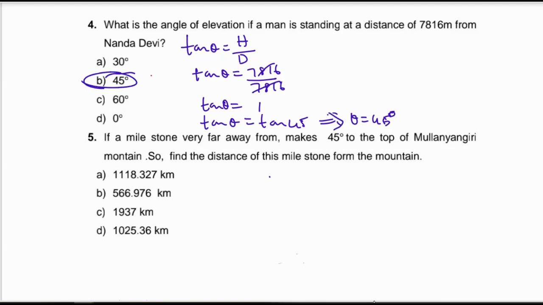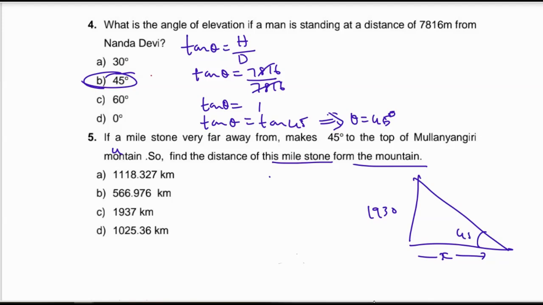Then, if the milestone very far away makes a 45 degree angle with the top of Mullayanagiri mountain, find the distance of this milestone from the mountain. They've given 1930, and here we have to find x. The angle is 45 degree.